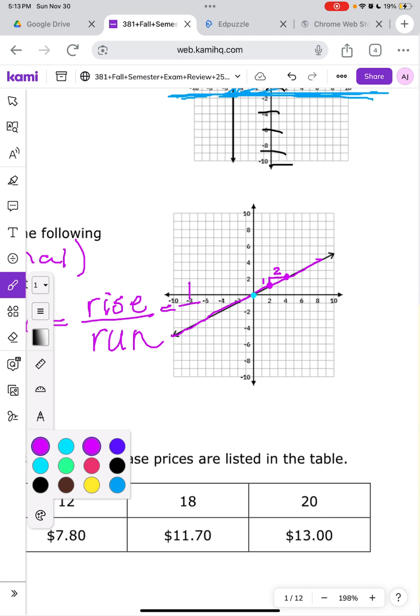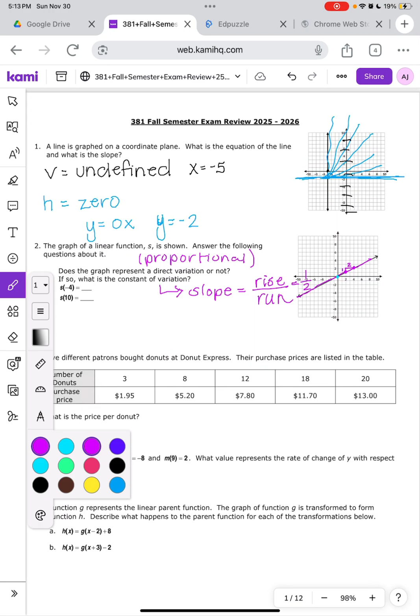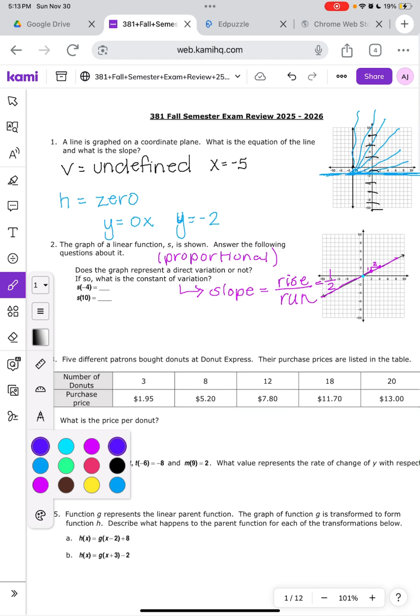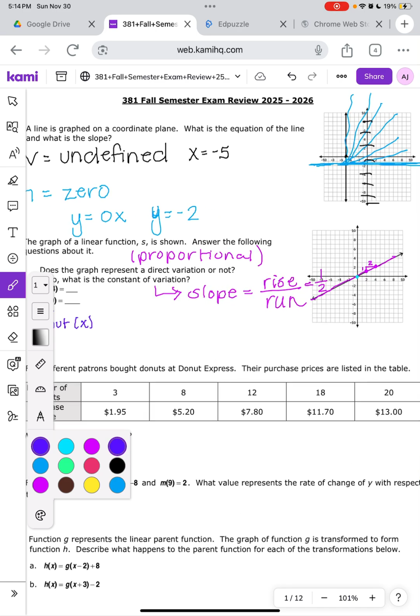So 1/2 is our constant of variation. Sorry about my dog. Next, it's saying S of -4. S of -4 means that we're going to where, remember what's inside, that's your input. Input is x. So we're looking for where x is 10 and where x is -4.